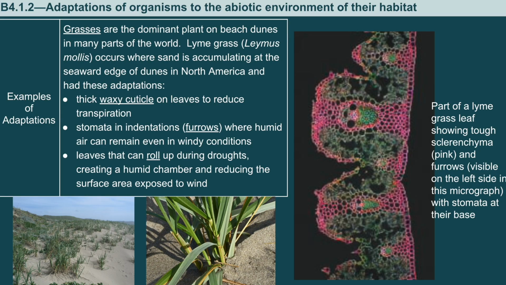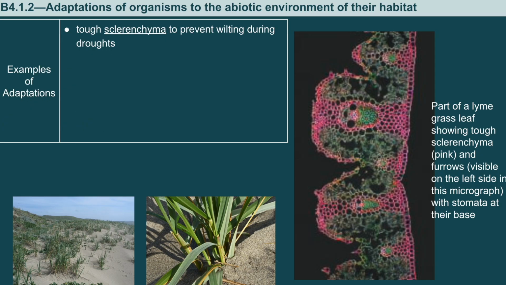Next up, leaves that can roll up during droughts, creating a humid chamber and reducing the surface area exposed to wind. So just picture these leaves kind of rolling up on themselves to try to prevent water loss. They also have tough sclerenchyma tissue to prevent wilting during droughts. Now remember, most plants stay upright because they have that tough lignified xylem where water is moving through.